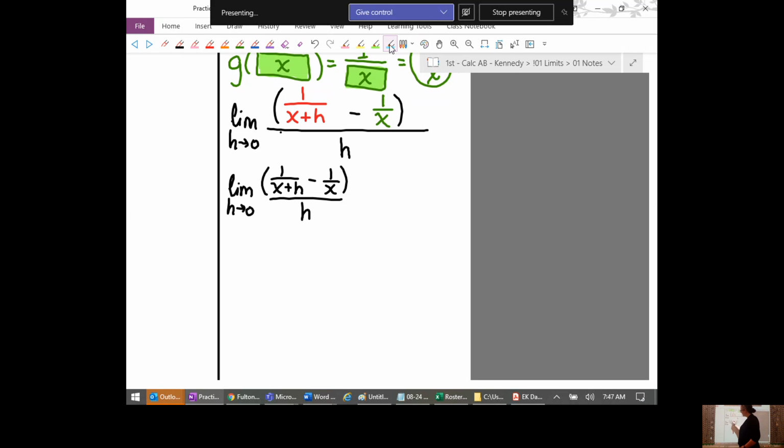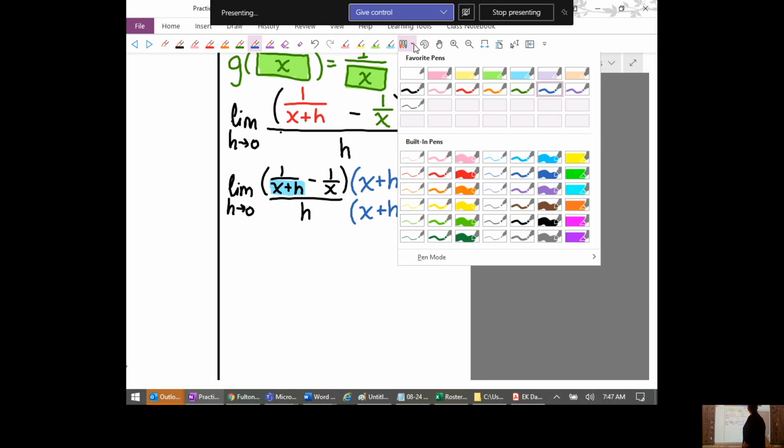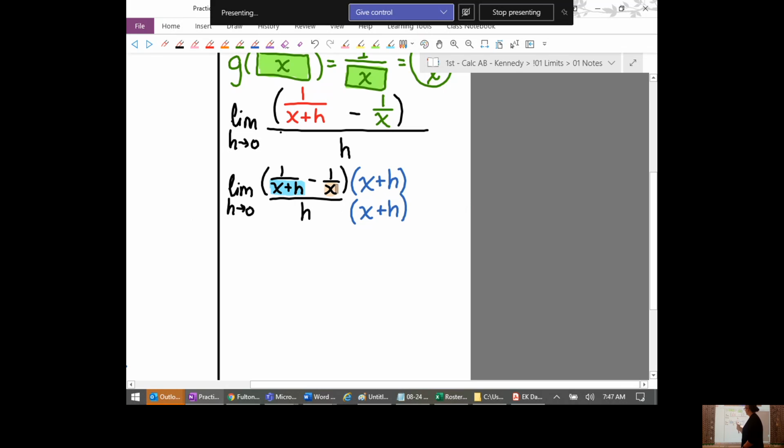What that method is, I look at my little fractions. I see a little fraction with an x plus h denominator. So I'm going to multiply my big fraction by x plus h on top and bottom. Likewise, I see a little fraction with a denominator of x.